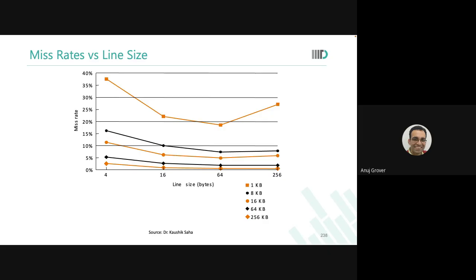But if I have a line size of only 4, even then the misses are higher because I am not really utilizing the principle of locality well. There is a sweet spot where I have to use the locality principle and still have a large number of lines available to me in my cache, on my counter.